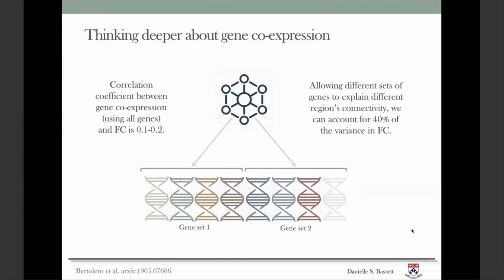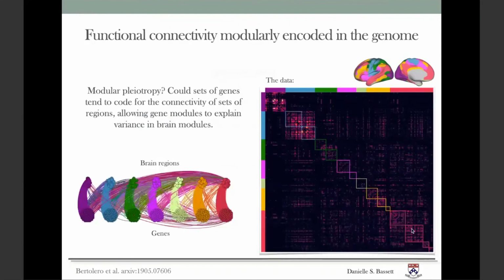And is it a different set for different brain regions? By doing that and allowing that variability across genes to predict patterns of functional connectivity, we can get the correlation much higher, and we can account for now up to 40% of the variance in functional connectivity. So that's a pretty drastic change, and perhaps is more relevant to the biology.